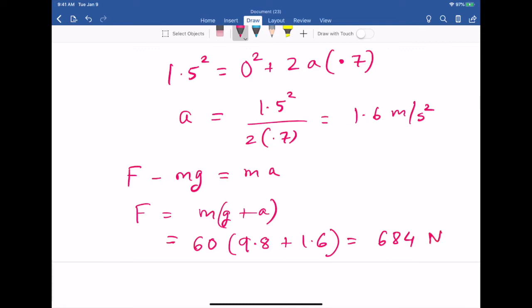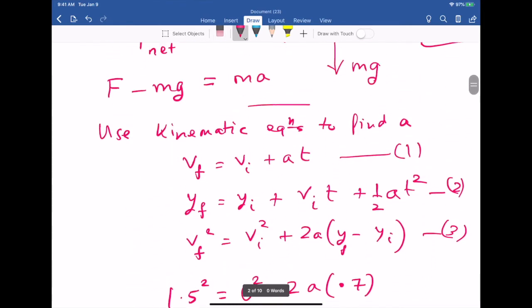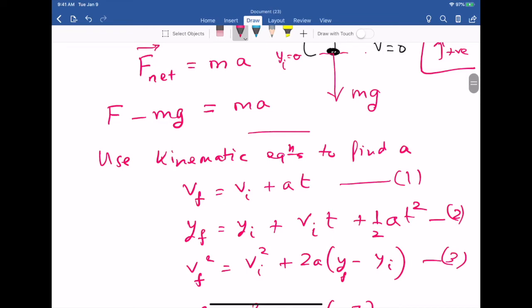Now, why did I plug in positive 9.8 for g? The reason is that when you say g is negative 9.8, the negative simply represents the direction of the acceleration due to gravity, assuming that your sign convention is anything pointing upward is positive, anything pointing downward is negative.